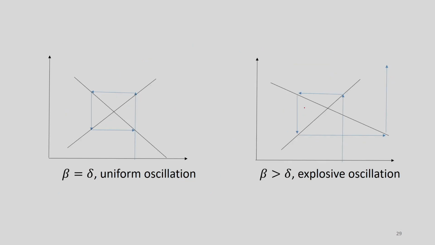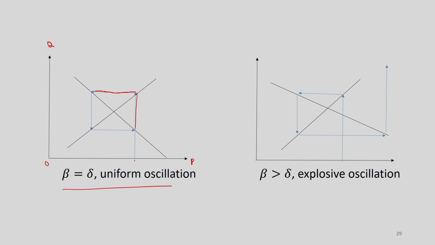We can also have the other cases in the diagram. Here you have the uniform oscillation case, where beta is equal to delta. As you can see, I can start from any arbitrary price. Suppose this is the price I am starting from, going up, this is the supply in the next period.